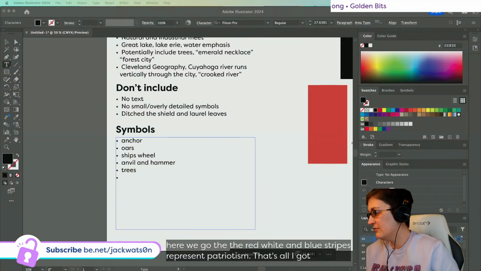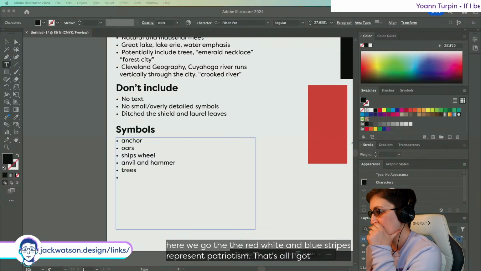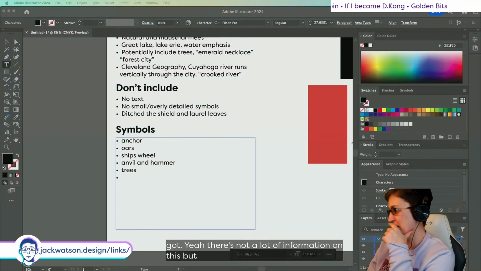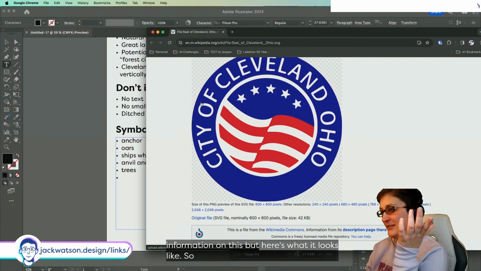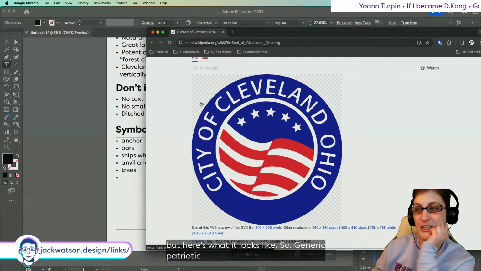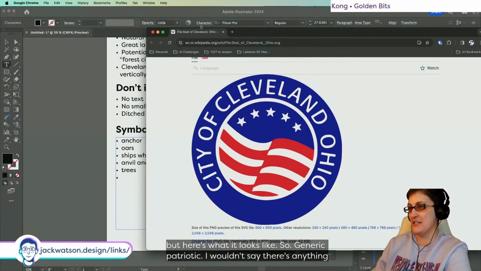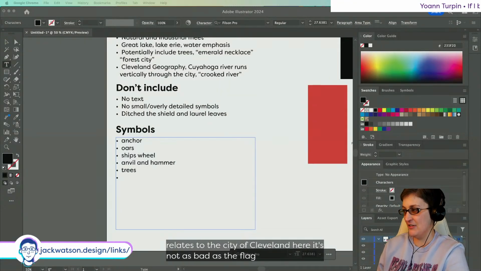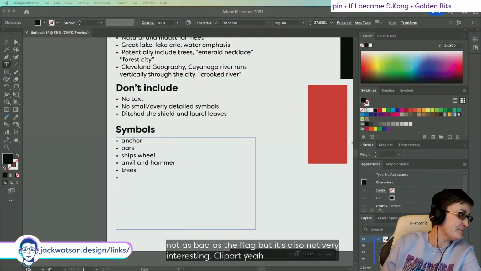That's all I got. There's not a lot of information on this, but here's what it looks like. So, generic, patriotic. I wouldn't say there's anything that really relates to the city of Cleveland here. It's not as bad as the flag, but it's also not very interesting. Clip art, yeah, for sure.